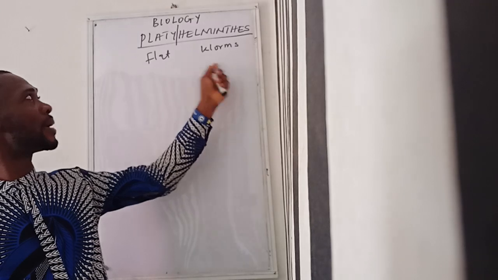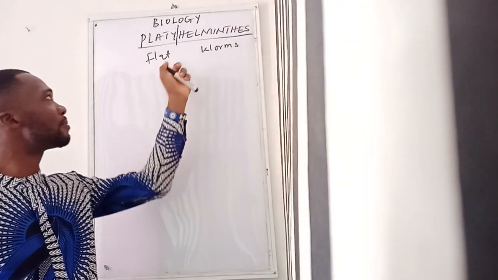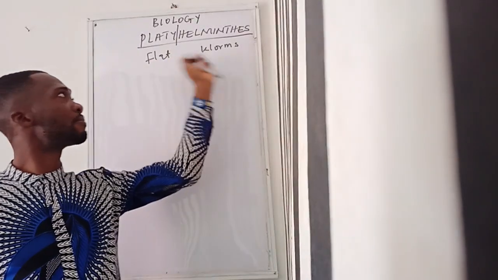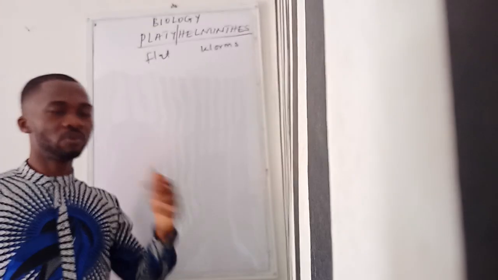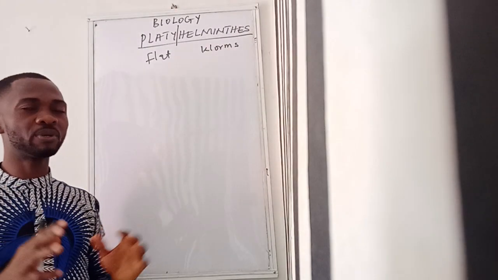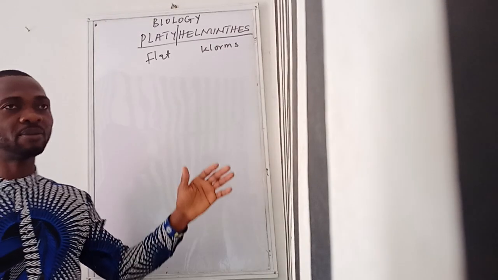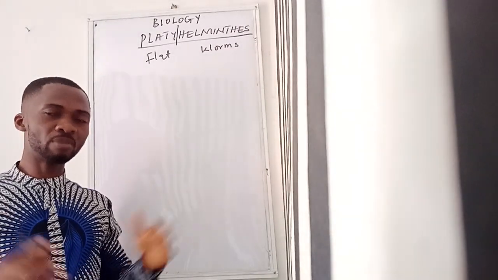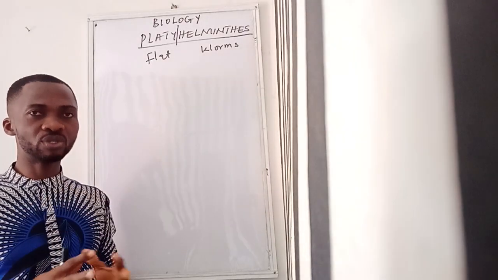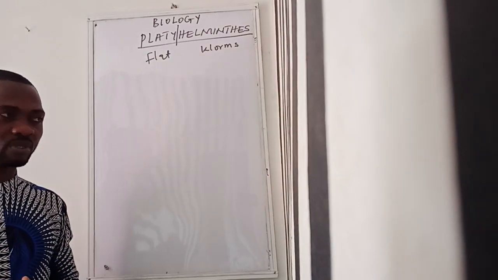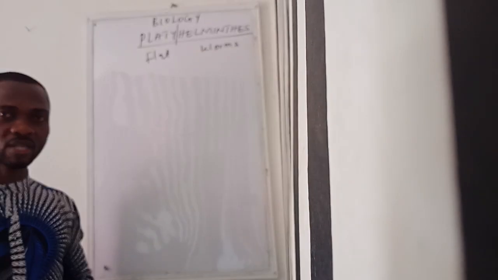So if we combine these two words together, we'll form another word that is called flatworms. And when we talk about worms, we are talking about macroscopic platyhelminthes or nematodes.